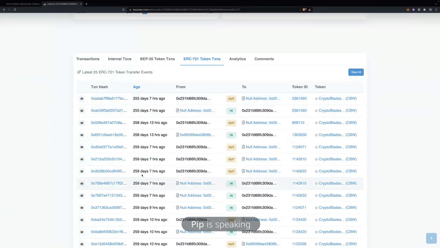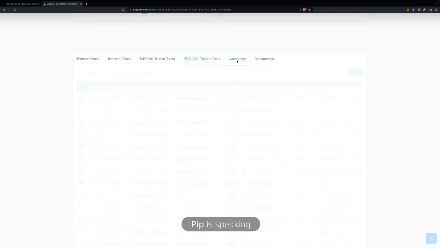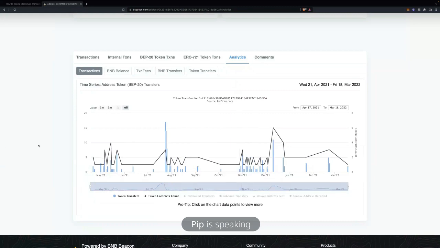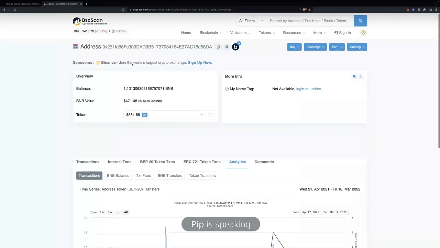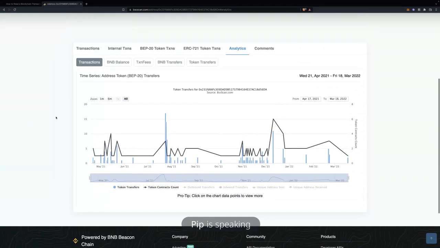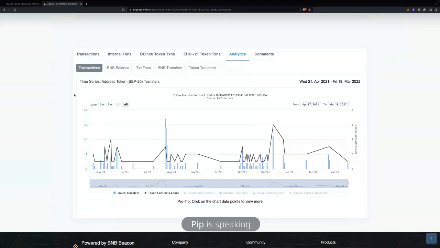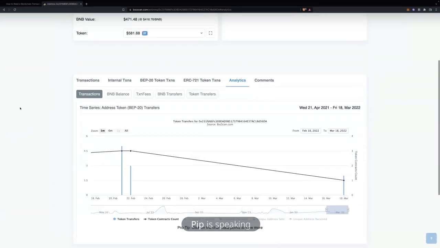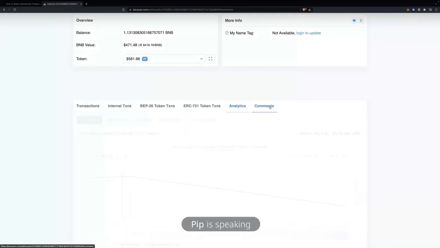Analytics is a pretty cool tool that gives you an idea of your wallet address here and what has happened over time: the transactions, the balance, what happened over 1 year or 1 month. You can just keep track and a record. And finally, comments.